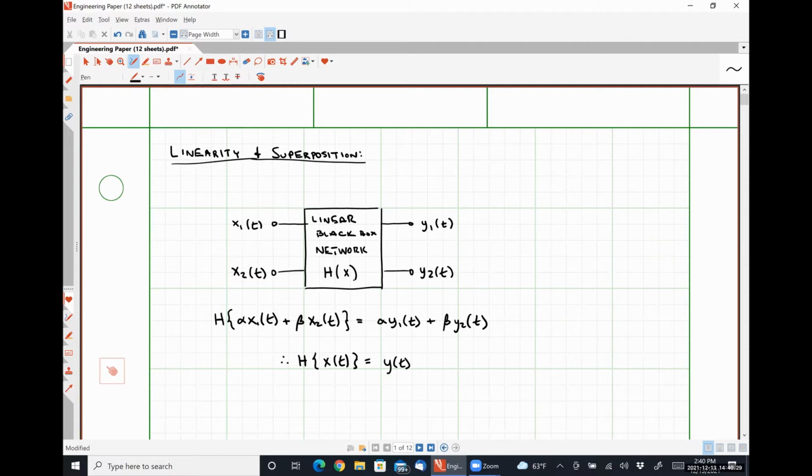Okay? It can be broken down into two discrete properties, the first of which is the additivity property.